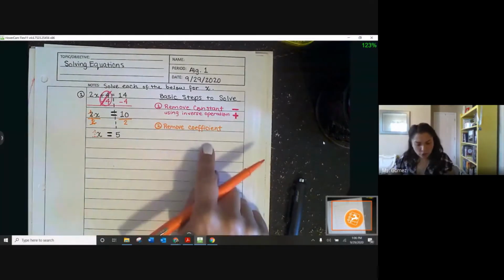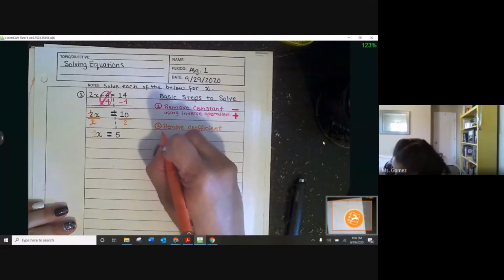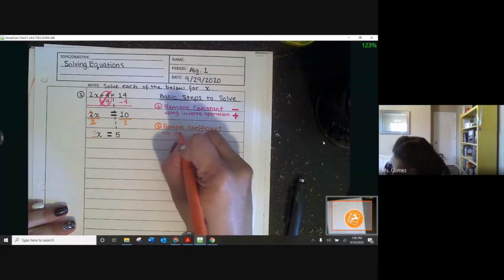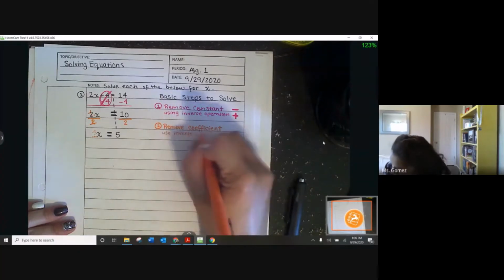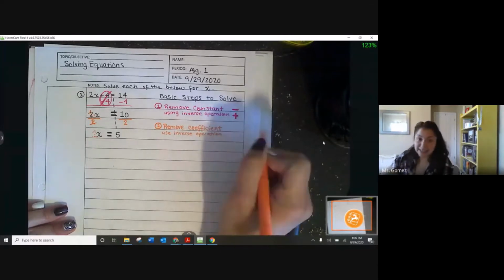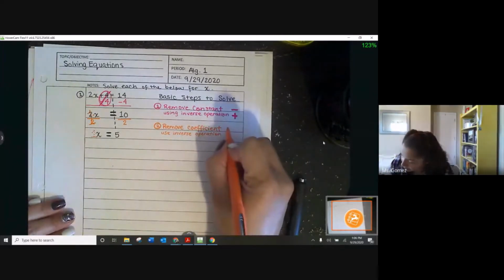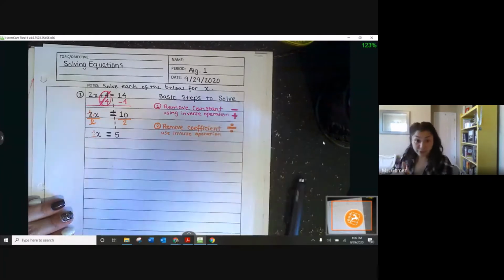Now, in order to remove the coefficient, again, we're going to use the inverse operation. But this time, more often than not, we'll use division.